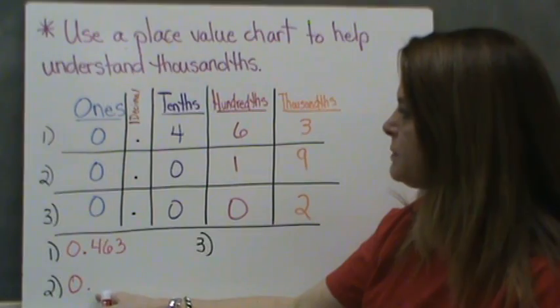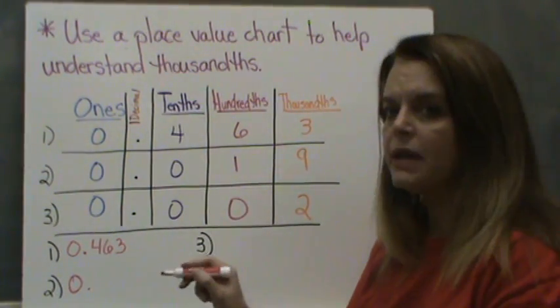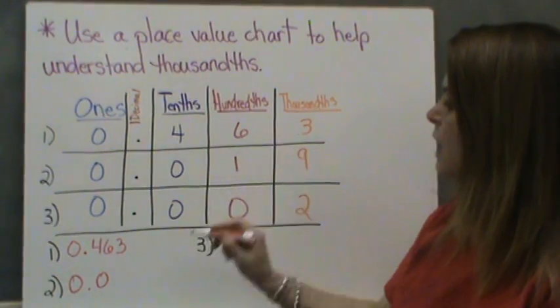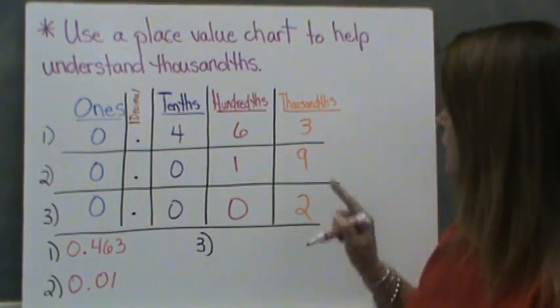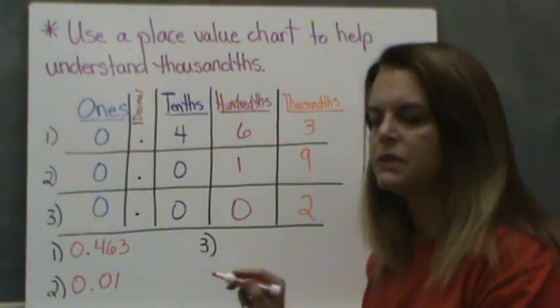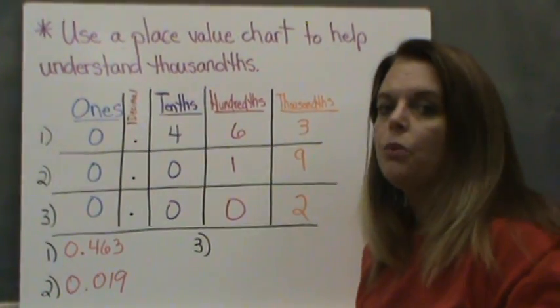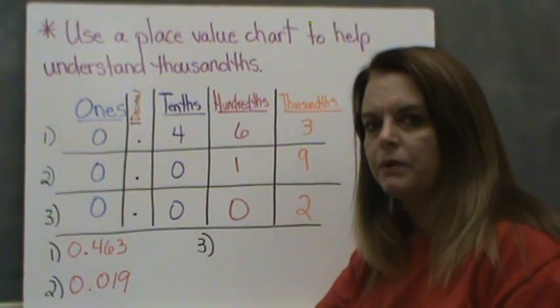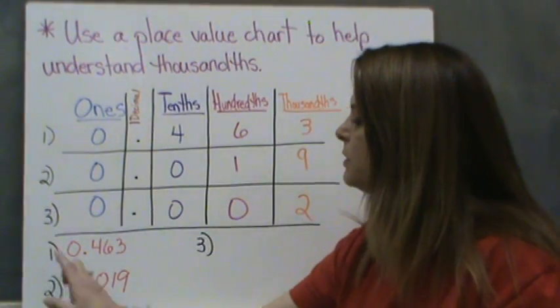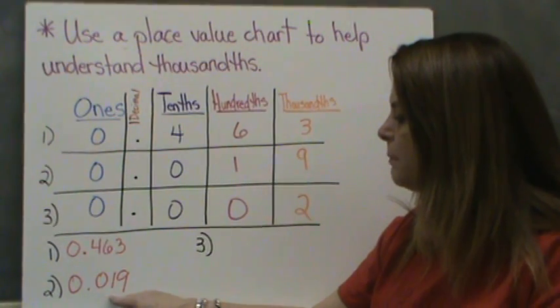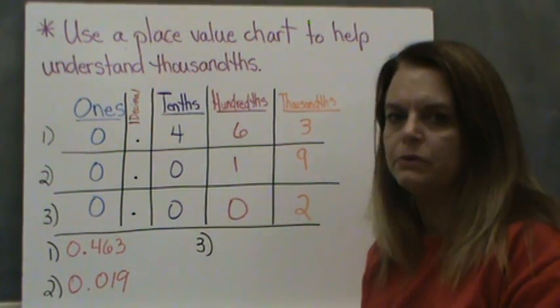Bring down my decimal. I have 0 tenths, 1 hundredth, and 9 thousandths. Now, same thing. When I want to read this number, I don't have any whole numbers. I see my decimal. I'm going to read the number to the right of the decimal.